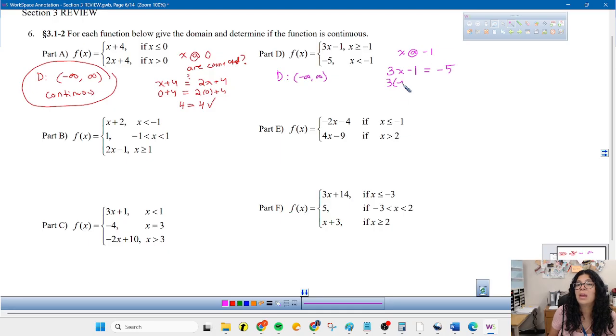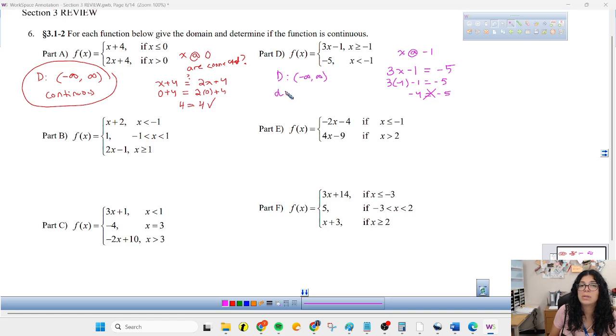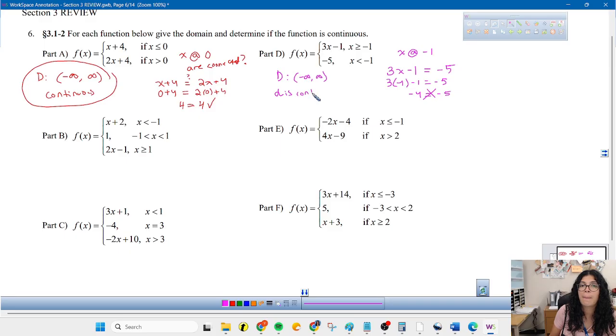So I would be plugging in -1, and 3 times -1 is -3, minus 1 is -4. Is -4 equal to -5? No. So this one is going to have the point at (-1, -4), and the other one is going to have the point starting at -5. So there's going to be a jump, and no, these are not continuous. So this is discontinuous or not continuous.